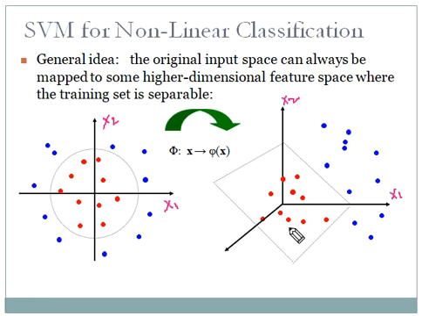X1, X2 and X3. And now we'll push the red dots towards the left side and the blue dots towards the right side. Once this is done, we can use a two-dimensional hyperplane to separate these dots into clear clusters.